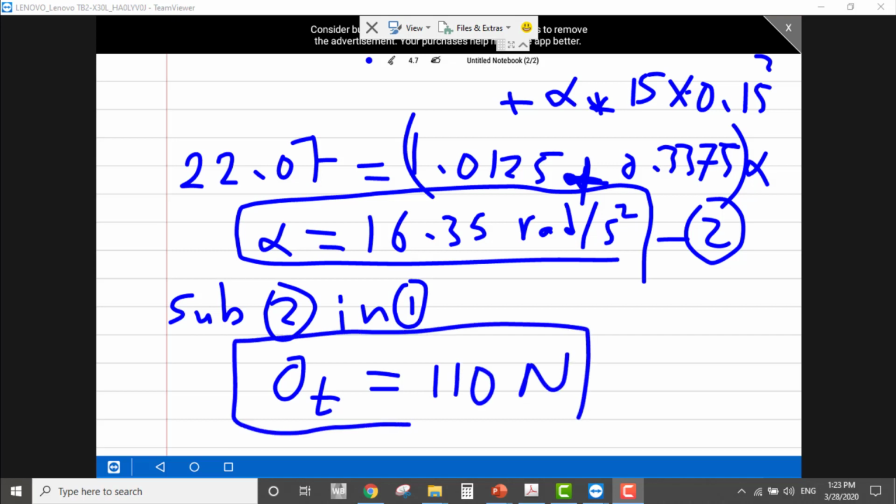Okay, so this is the answer of the third requirement from this question.